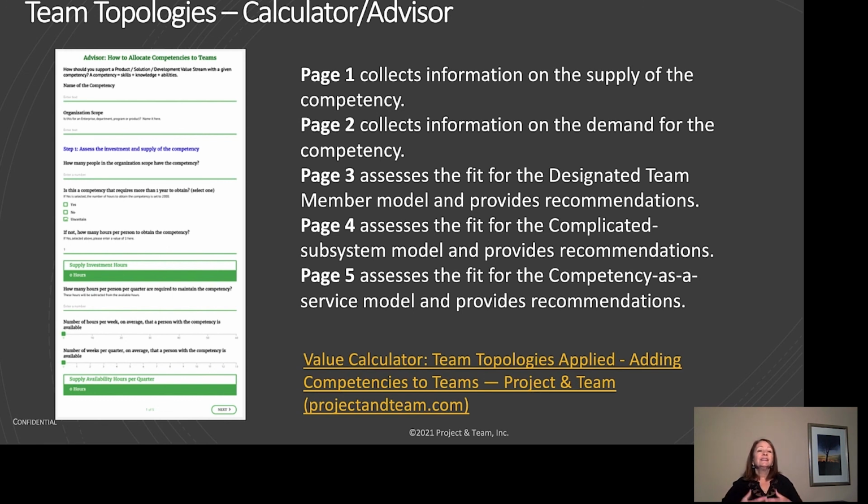However, this one in particular is estimating, best guess. What do we think are the costs, right? Based on average. What is the most reasonable value for the average cost of getting a response and getting help from a complicated subsystem team, for example?